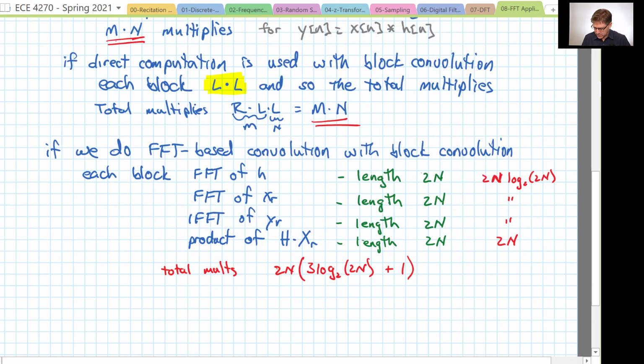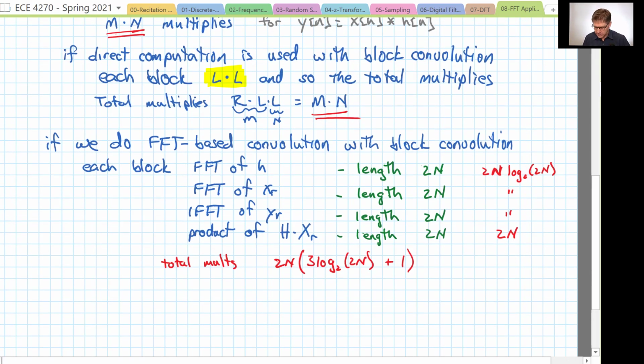And you can use the laws of logs to take care of that just a little bit. However, this is the output for a single stage. But in reality, we're actually going to compute the FFT of h just one time. So when we're doing the whole computation, that's not going to be factored in there each time, because we're using the same FFT.